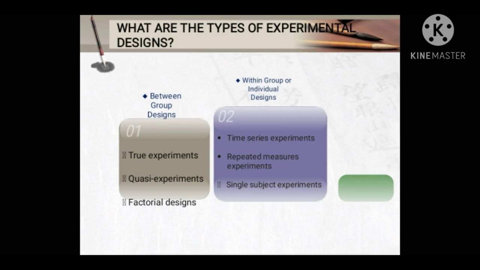Second is quasi-experiments. Quasi-experiments include assignment but not random assignment of participants to groups. This is because the experimenter cannot artificially create groups for the experiments. For example, studying a new math program might require using existing fourth-grade classes and designating one as the experimental group and one as the control group.